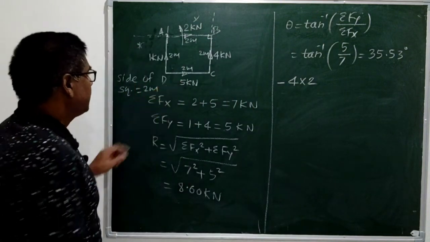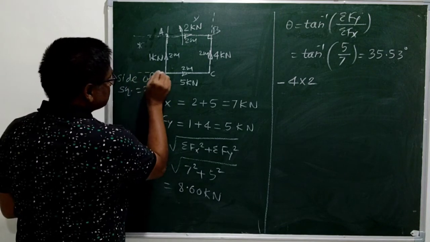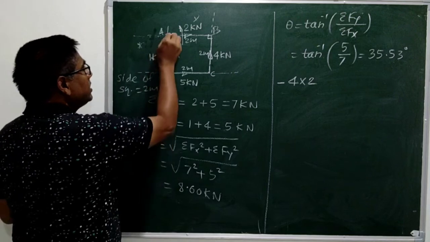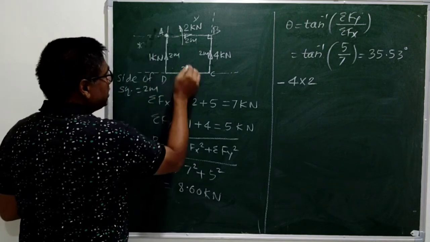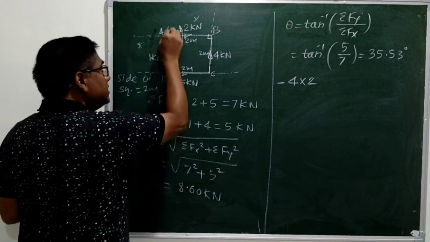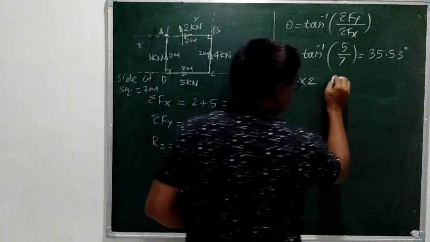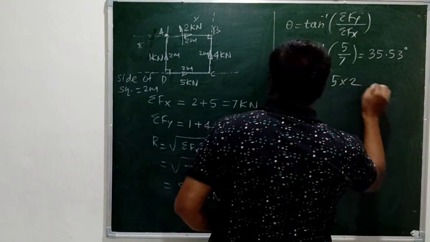Now for this force, the line of action of this force is this, and the perpendicular distance between the point and the line of action of force is this. This distance is 2 again, therefore 5 into 2.